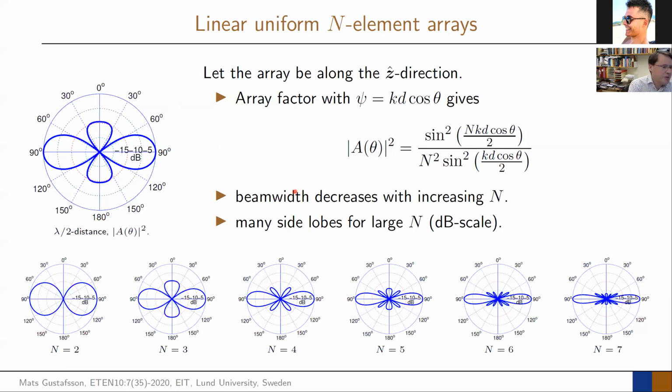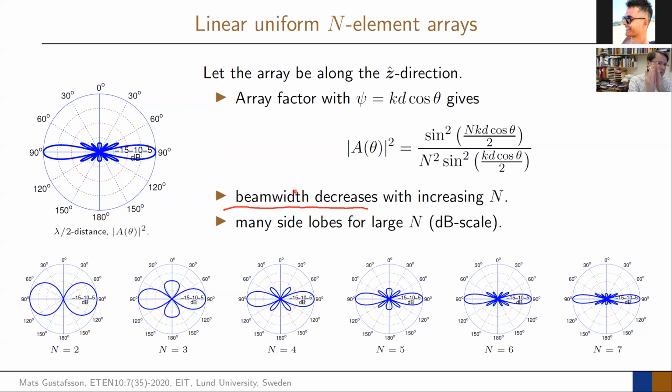And if I now increase it to 4, now you can see side lobes showing up. You can see here the beam width gets more narrow. So the beam gets more narrow, and you start getting some side lobes that are picking up here. And the higher I go here from n equal to 5, 6, and 7 elements, you can see it's all the time got a narrow beam.